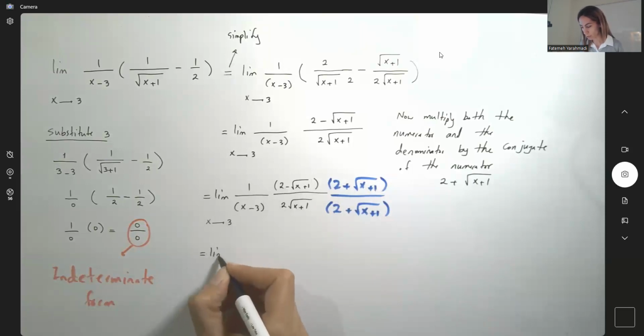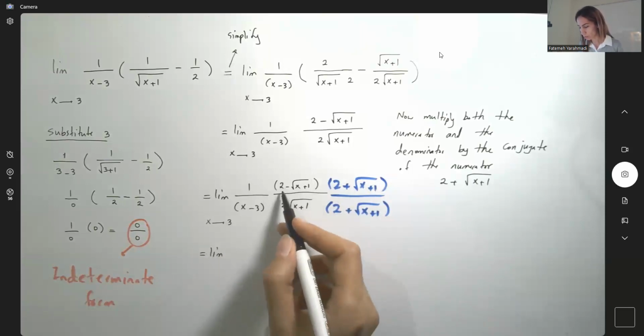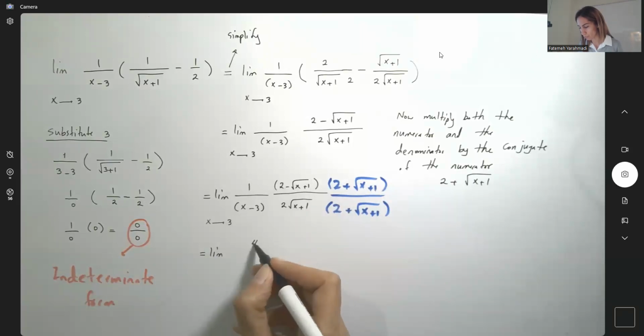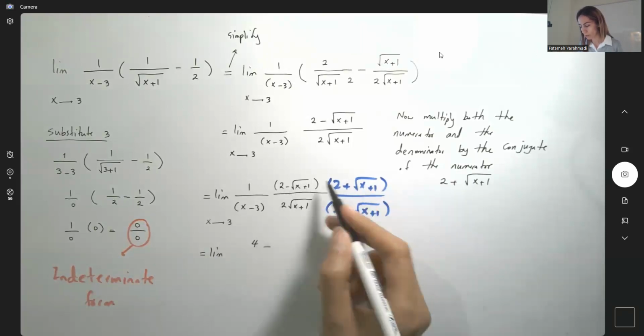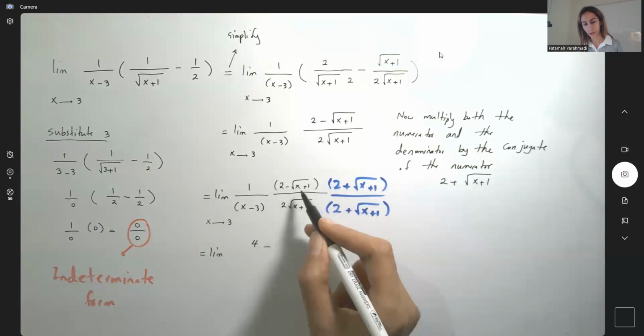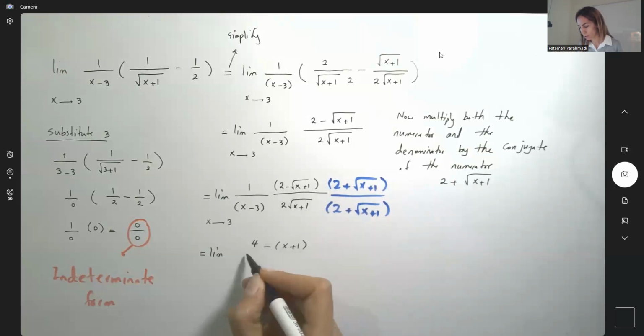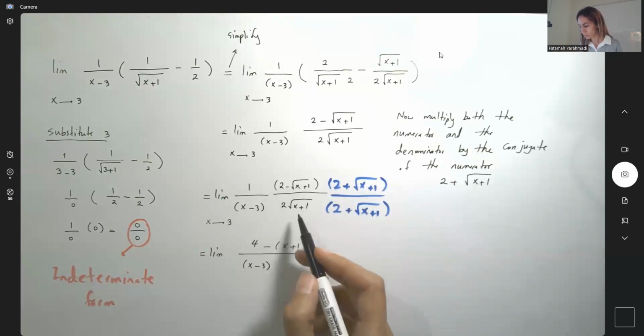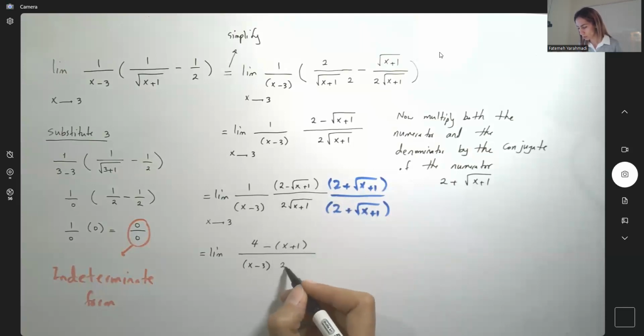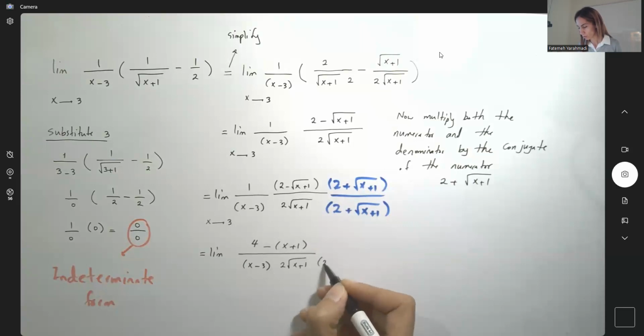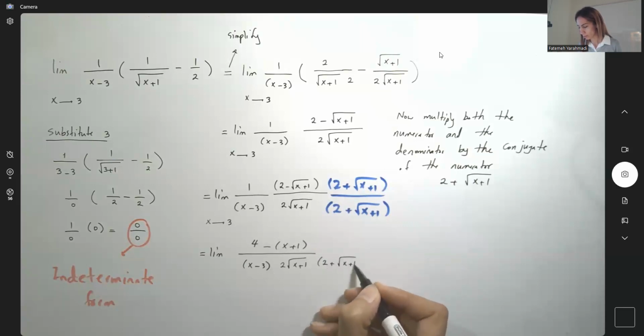Very good. So let's do the simplification for the numerator first. This guy is equal to the limit. Here you have 2 multiplied by 2, which is 4, minus the square root multiplied together, and you end up with x plus 1. And on the denominator, you have x minus 3 times. So here you can just type this down. 2 plus square root of x plus 1. Okay.